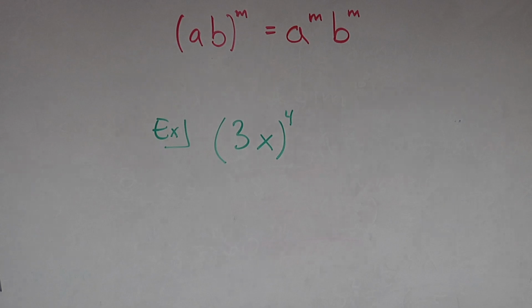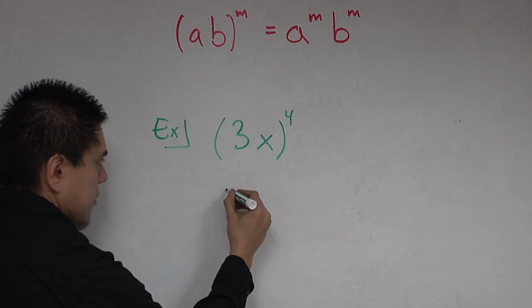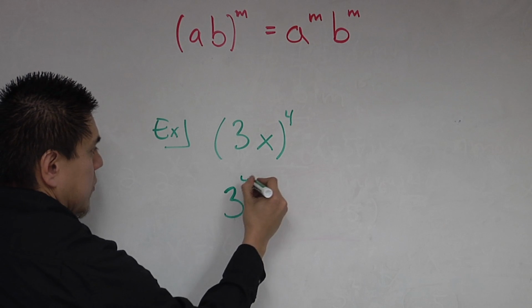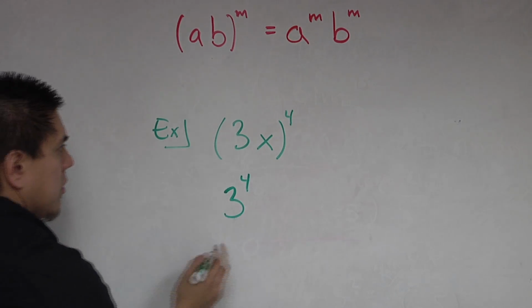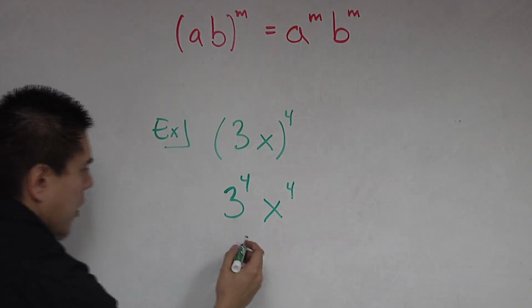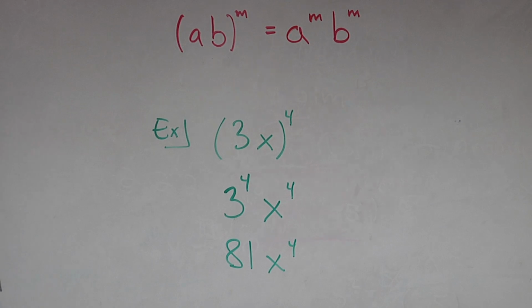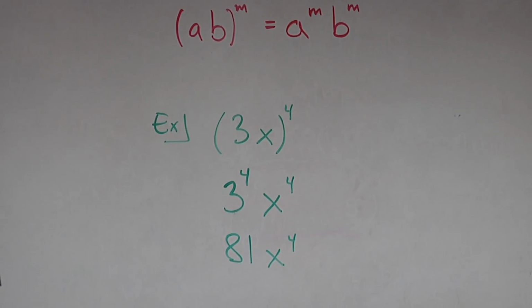What do you guys think would be the first step? First distribute it out, so 3 to the 4th times x to the 4th. That's 81 times x to the 4th. As we said, it's a fairly small number, so to simplify it all the way, you would get something like that. Good, so you guys are pretty comfortable with that.